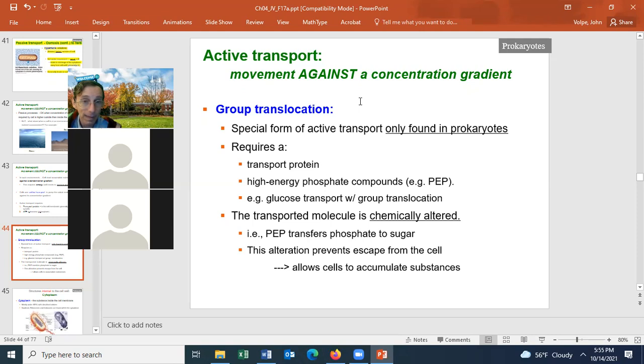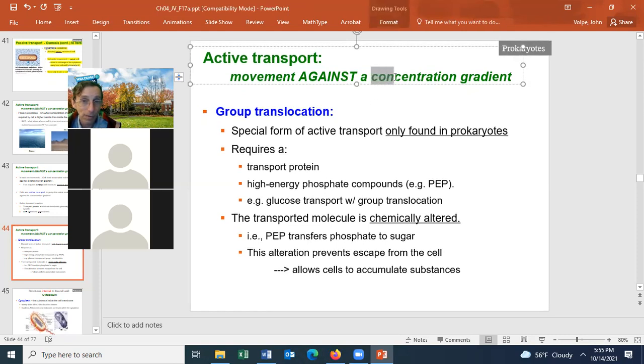If it moves the glucose into the cell by active transport, you're moving one molecule, which is at a concentration of 10, to a concentration of 100. And that's difficult to do because the concentration gradient is so big, so high.